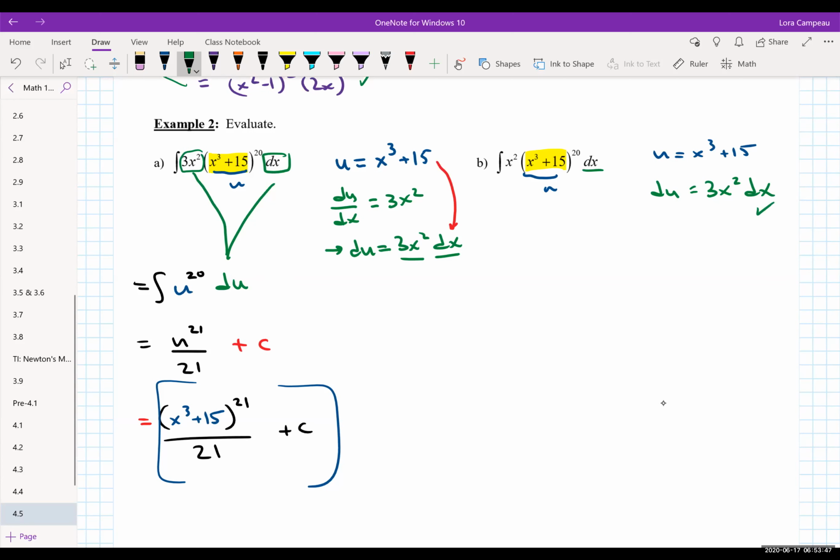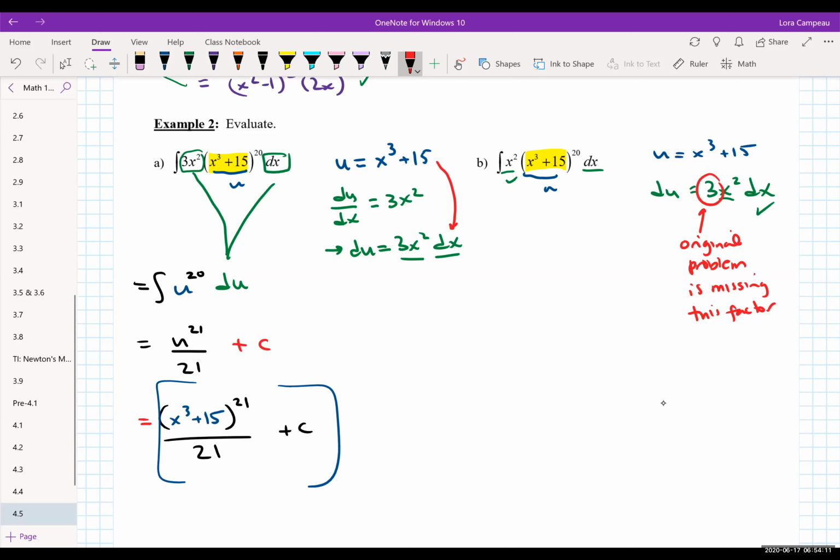That's already in there. I do see an x squared. That is good. But I have to pay attention to the fact that the original problem is missing this factor.